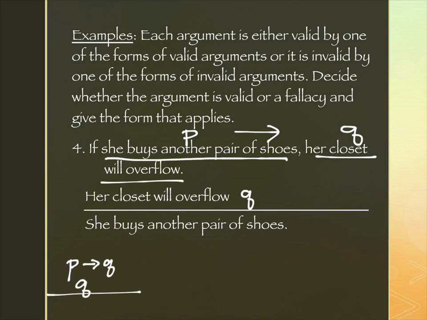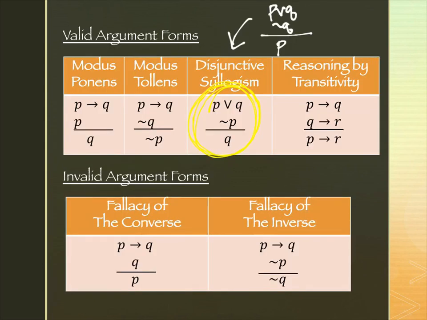Then we have a therefore statement, and it says she buys another pair of shoes. Well, she buys another pair of shoes was P. So this argument says P arrow Q, then Q, and then P at the bottom. If we look back, this is exactly the second column over here: P arrow Q, Q, P. It is a fallacy of the converse.